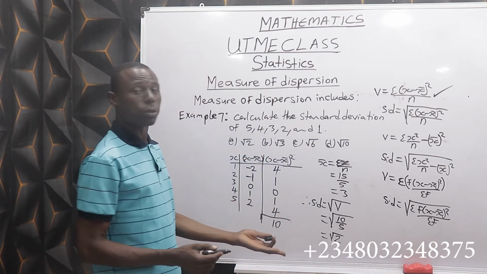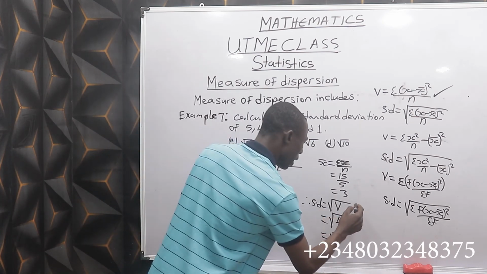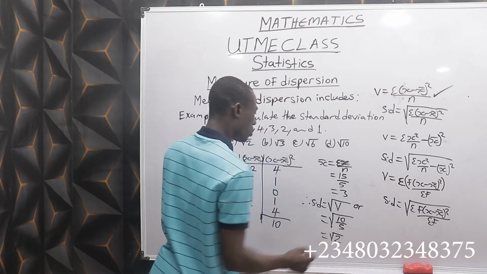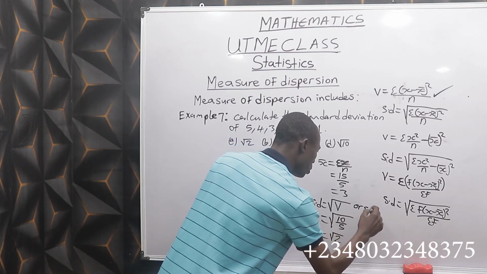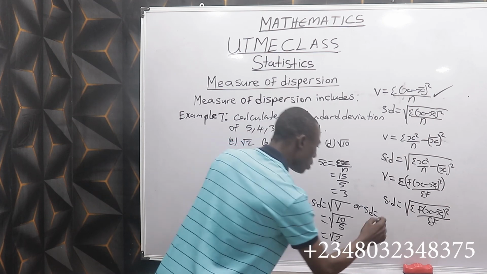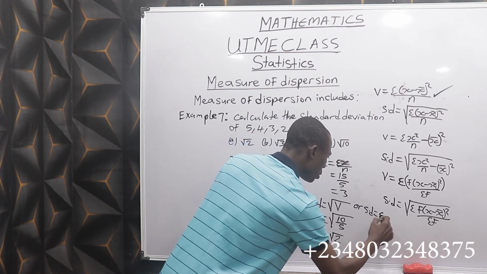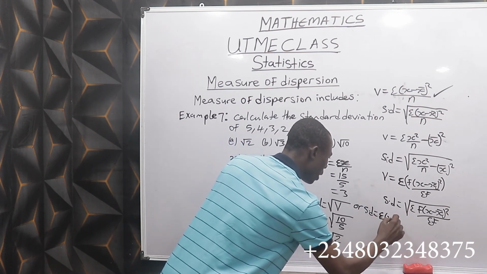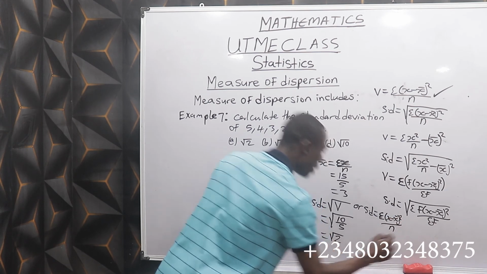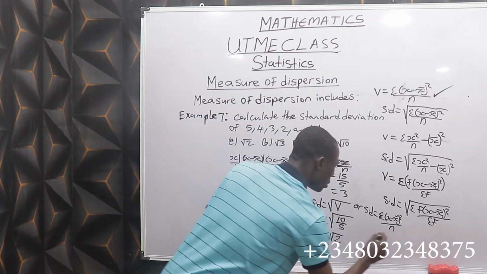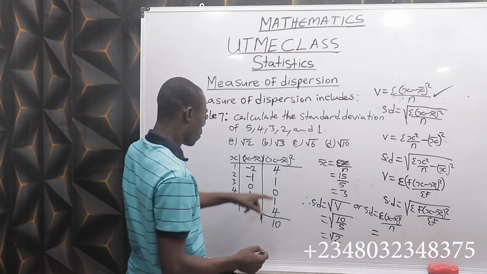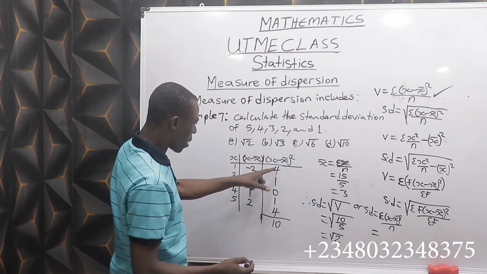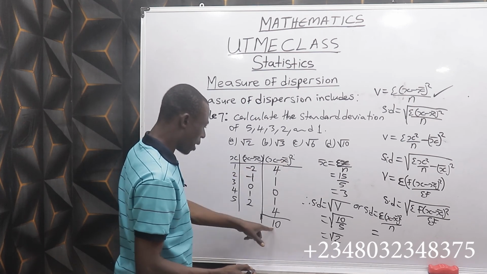Maybe you don't like the way I do it. Let me do it like this. Standard deviation equals square root of summation x minus x bar all square divided by n. Don't forget, the summation x minus x bar square is here, which is 10.